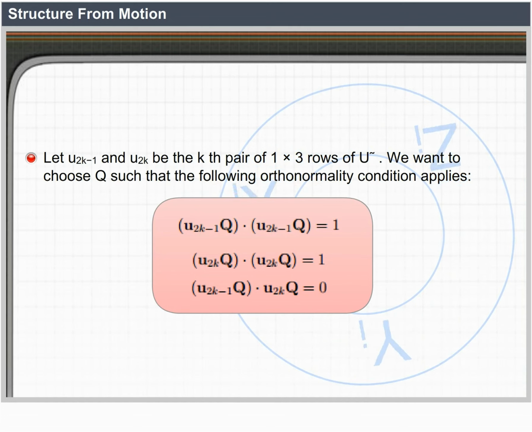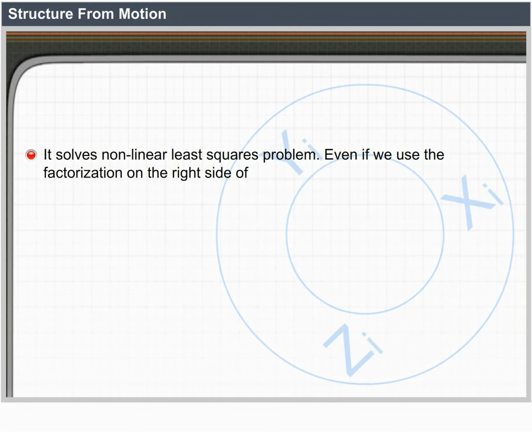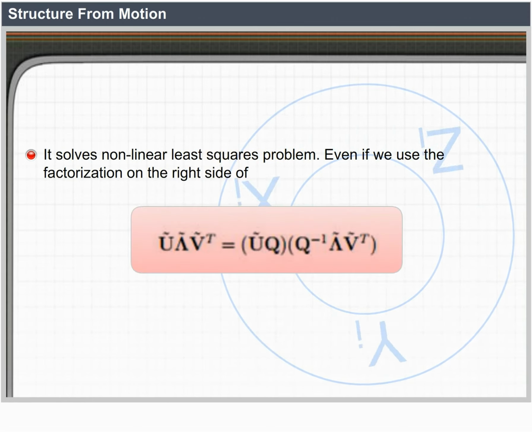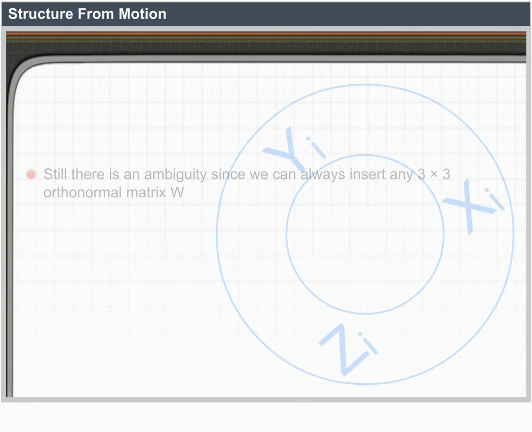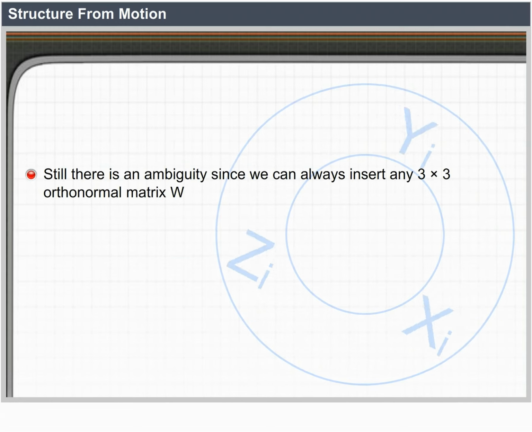It solves the nonlinear least squares problem. Even if we use the factorization on the right side of the equation as shown, there is still an ambiguity since we can always insert any 3 cross 3 orthonormal matrix W in the expression as shown.